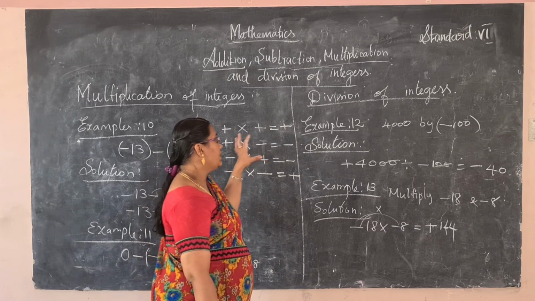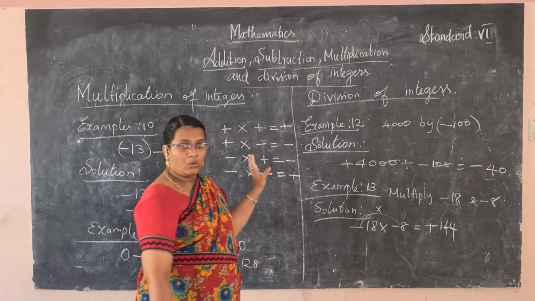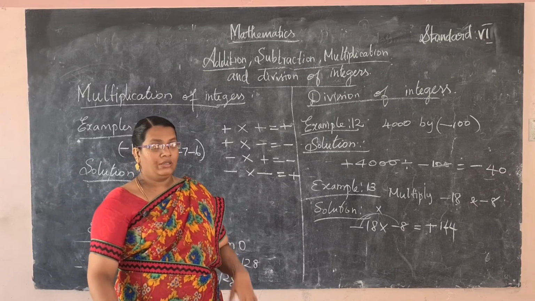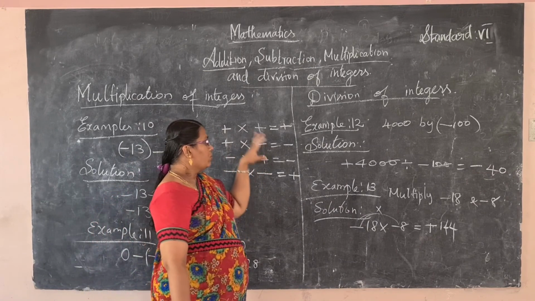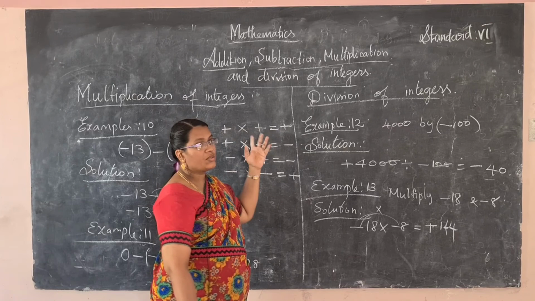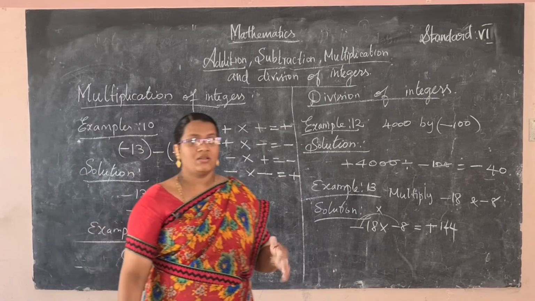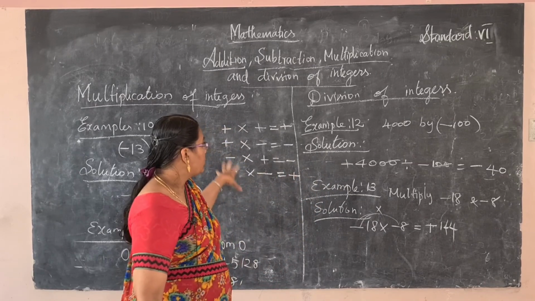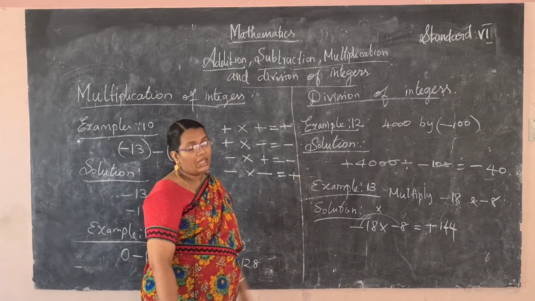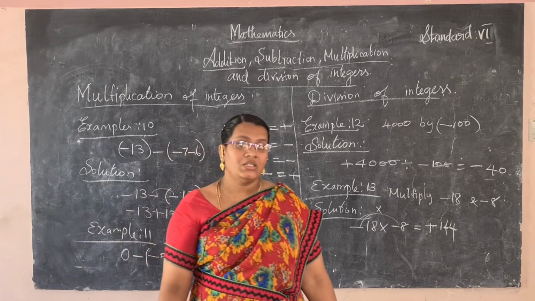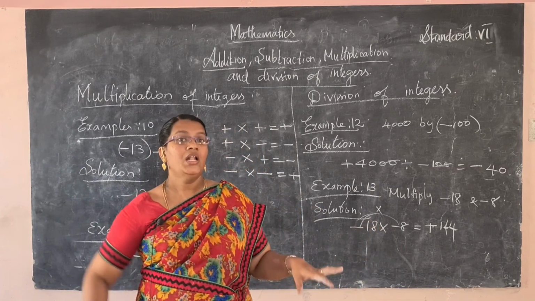So the rules for multiplication and division of integers are the same, and the rules for addition and subtraction are the same. You will go through the rules: plus into plus, minus into minus is plus. We have learned this concept and solved the addition and multiplication of integers, the basic operations of integers, easily.